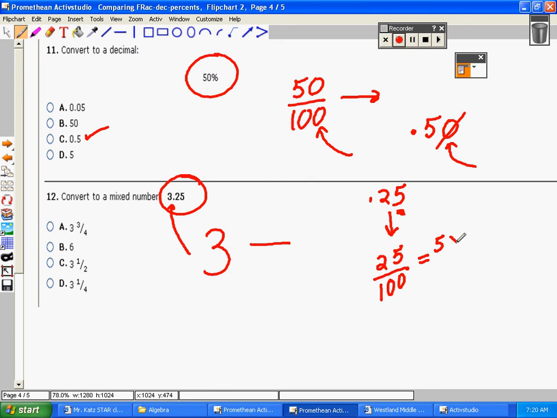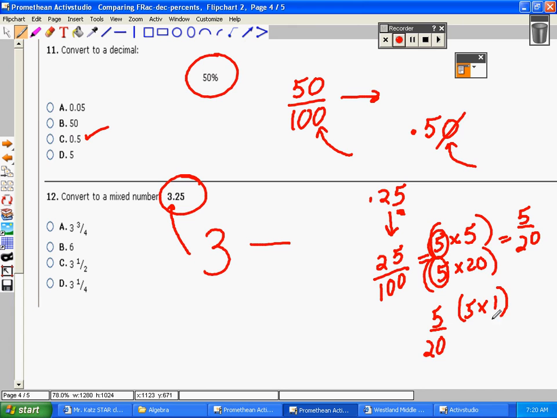Let's reduce it. It has a common factor of 5. So if I divide by 5, I get 5 over 20. They still have a common factor. 5 over 20, you could divide by 5. Because 5 goes into both of them, and you're left with 1/4. So it's 3 1/4.